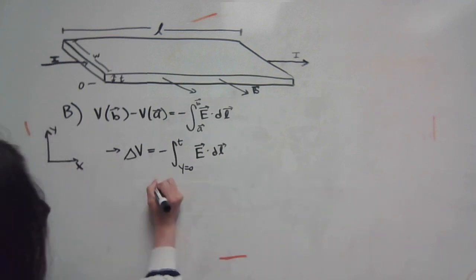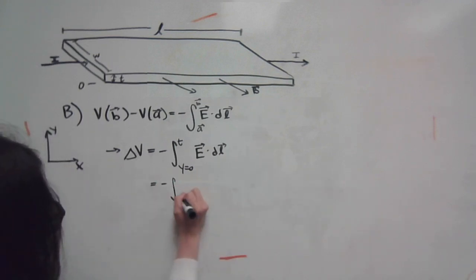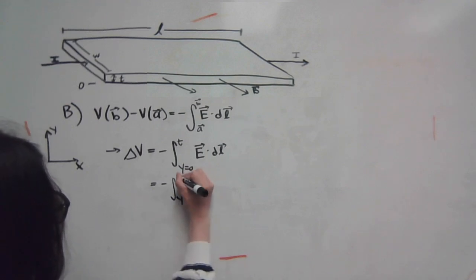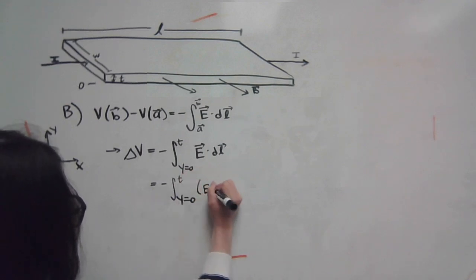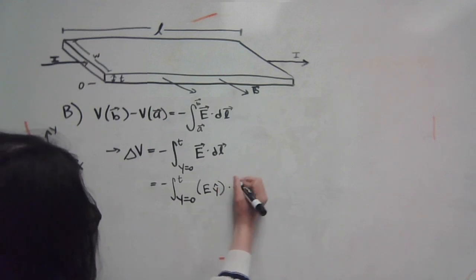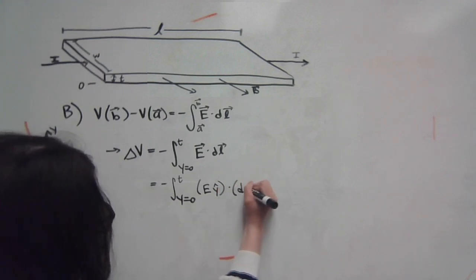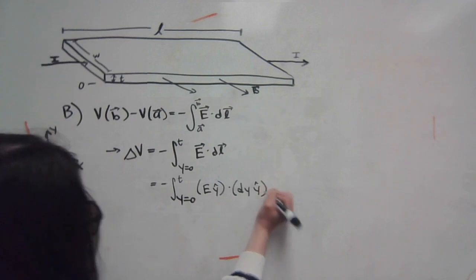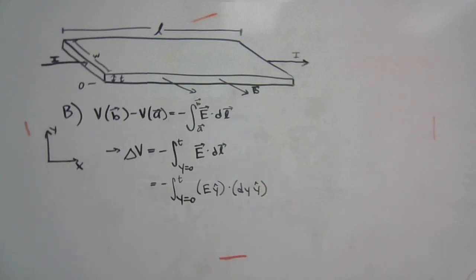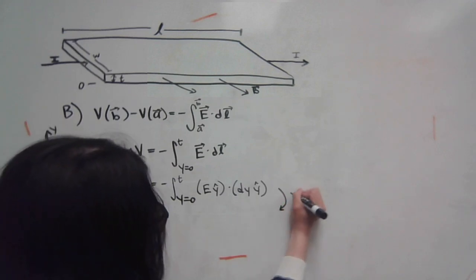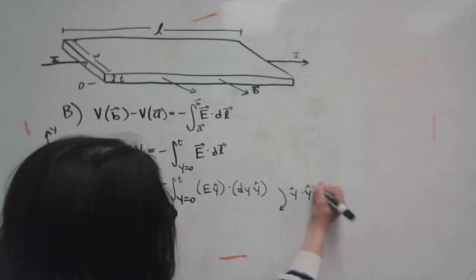So I will write that here: E dot dy in the y-hat direction. Now we know that y-hat dot y-hat is equal to 1.